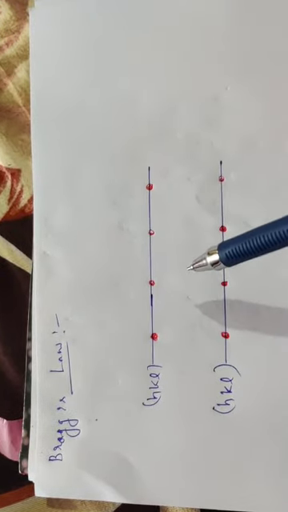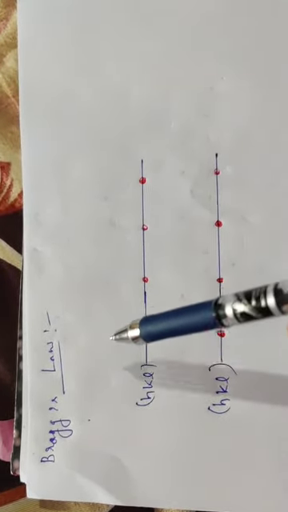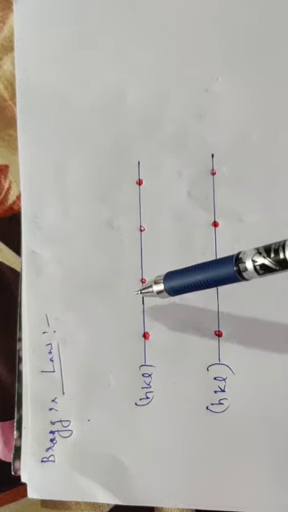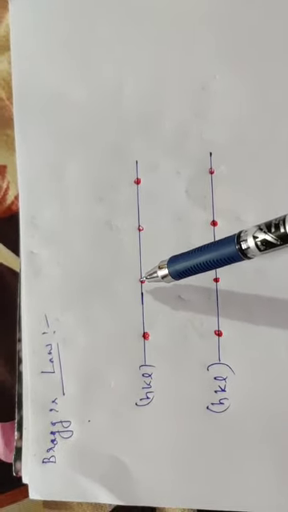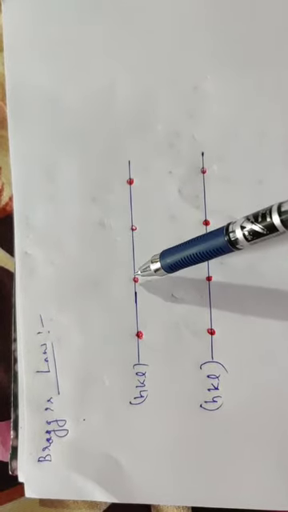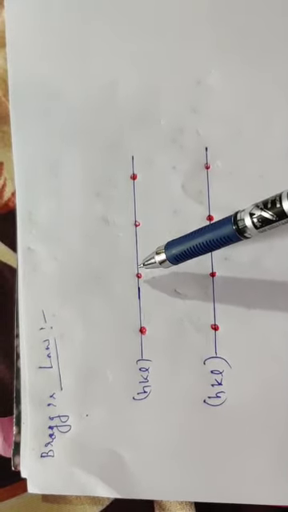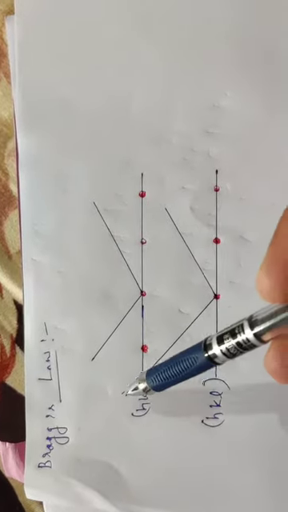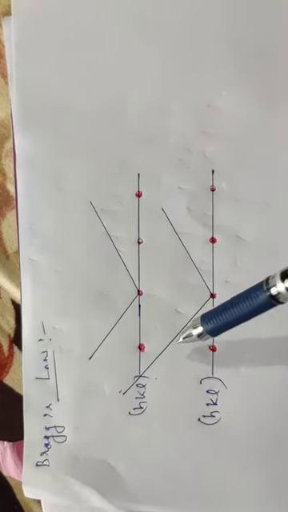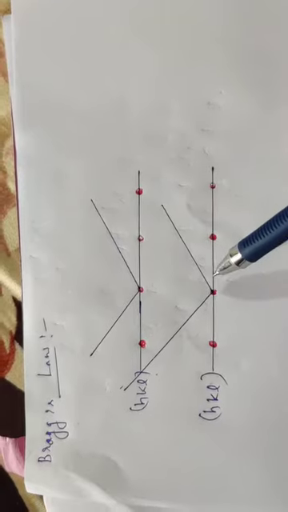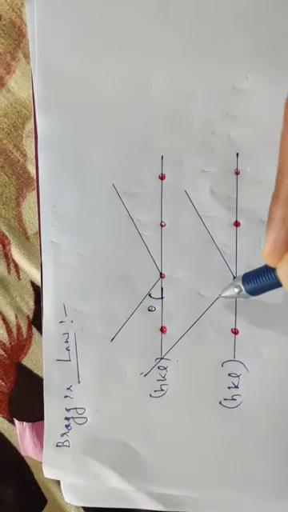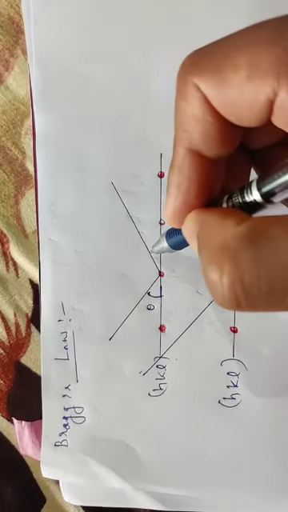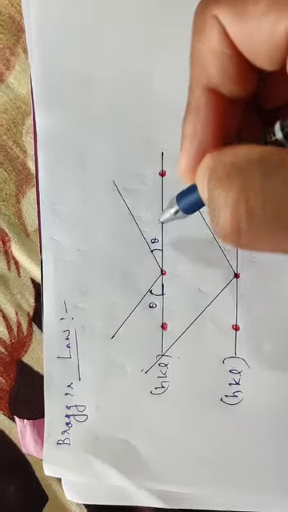Let us consider that an X-ray is incident on this plane and gets reflected by the atoms in this atomic lattice, and another X-ray gets reflected by this atom. Let this be the glancing angle theta, and this also the glancing angle theta, and this will be the angle of reflection theta.